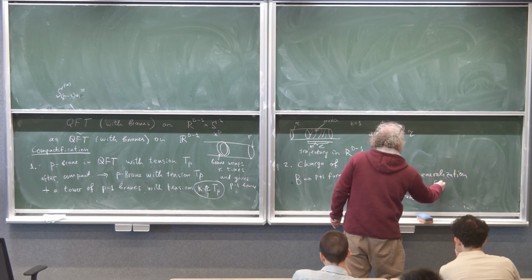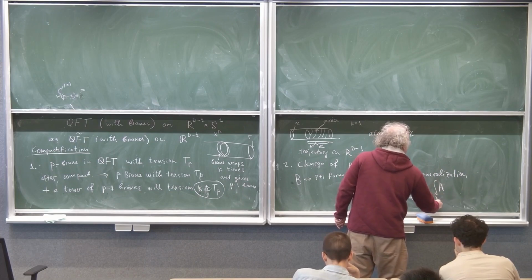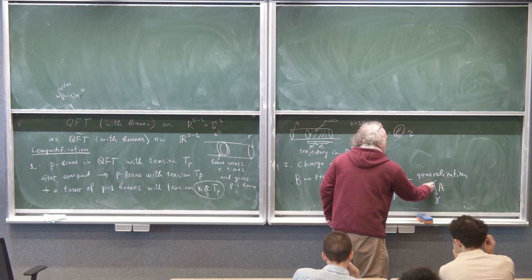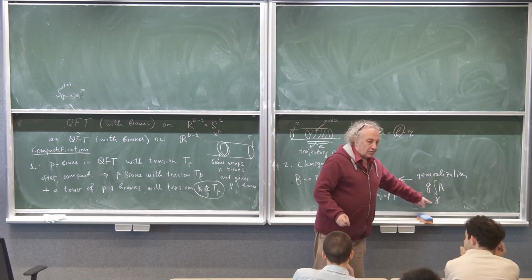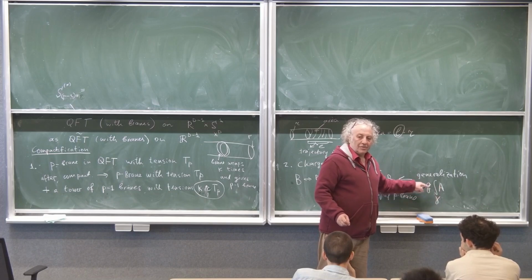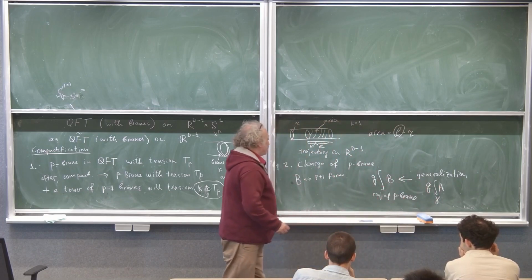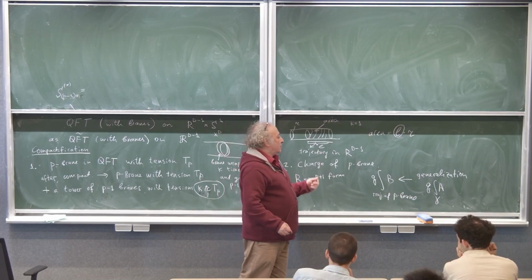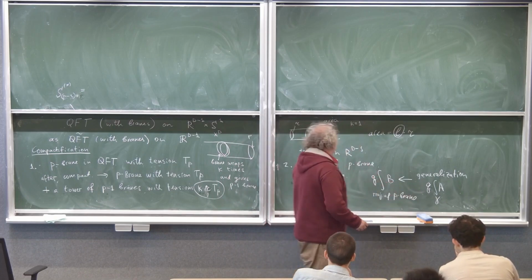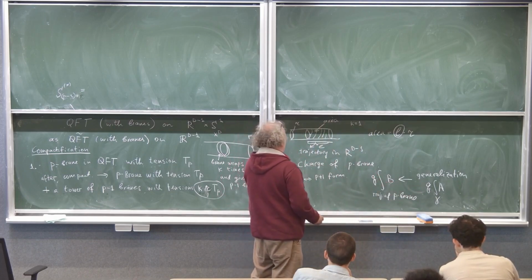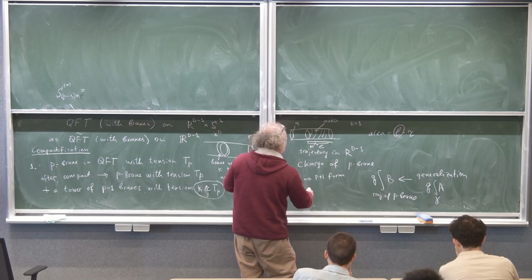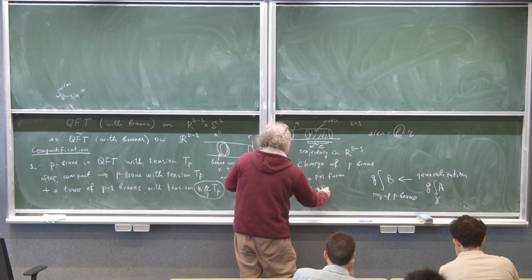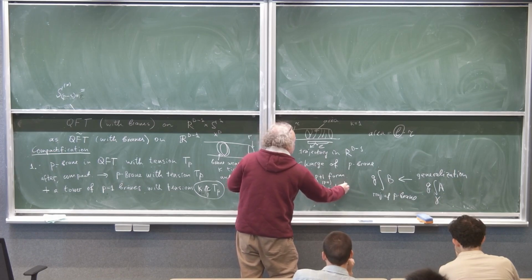This is a generalization of the well-known concept of a charged particle. Here there is a trajectory, here is a one-form, we integrate. And similarly to the case of a charged particle, we have a gauge transformation: B goes to B plus d lambda. So this is a (p+1)-form, this is a (p+1)-form, this is a p-form.